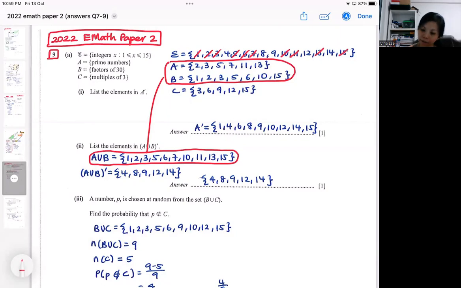And then whatever is left, 4, 8, 9, 12, 14, will be the complement. So that's how I do it to make sure there's no careless mistake.